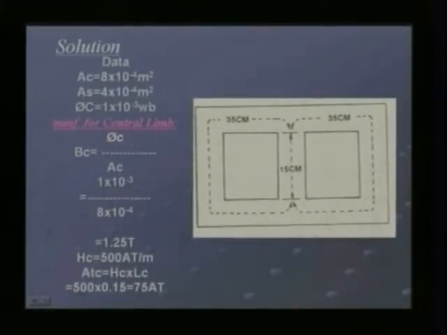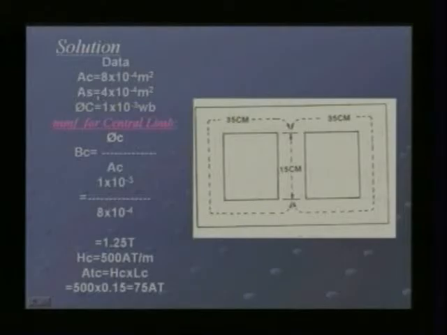Consider the given figure. The total central limb length is 15 centimeters and the length of each side limb is 35 centimeters. Now, in the central limb we have a solenoid or magnetic coil connected.